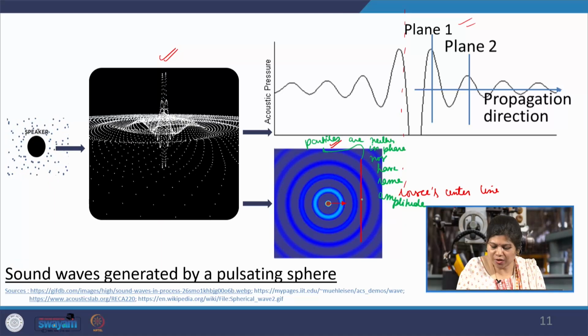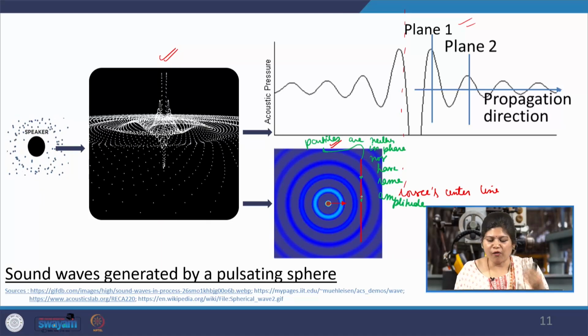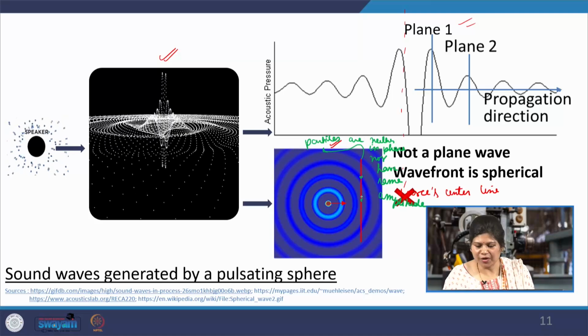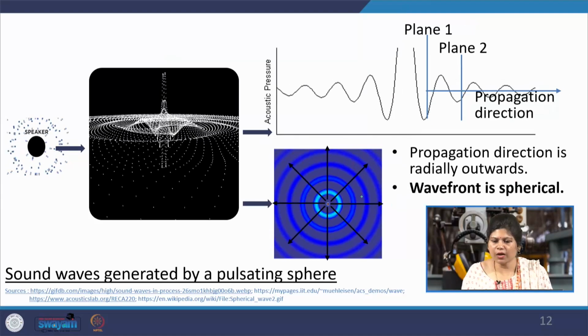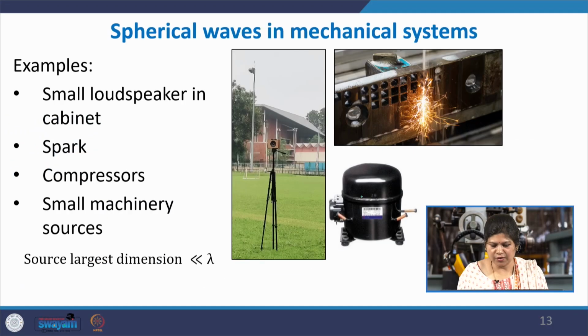So, the amplitude here would be higher and the amplitude here would be lower, and the phase as well is different. While one is experiencing a trough, the other one is experiencing a peak. So, this is not a plane wavefront, it is a spherical wavefront. Okay. The direction is radially outwards, and the wavefront is spherical. Now, what are some spherical waves in mechanical systems? Because this course is about noise control in mechanical systems, let us see some common sources.